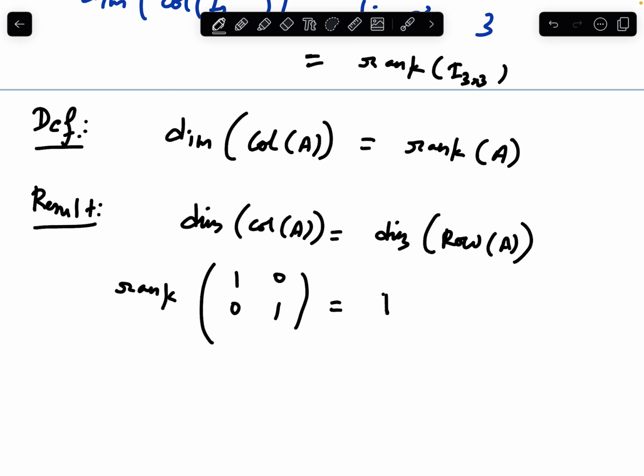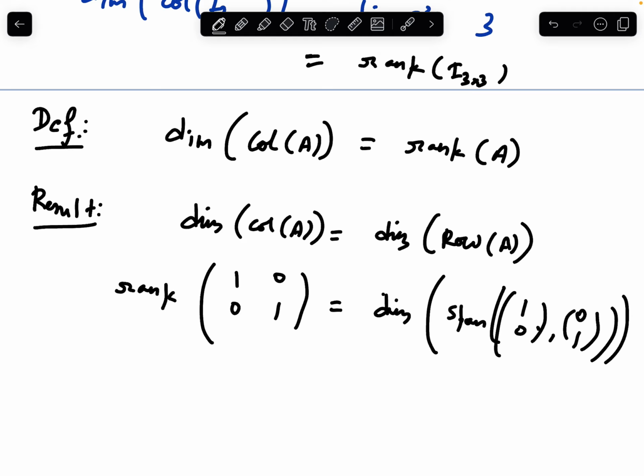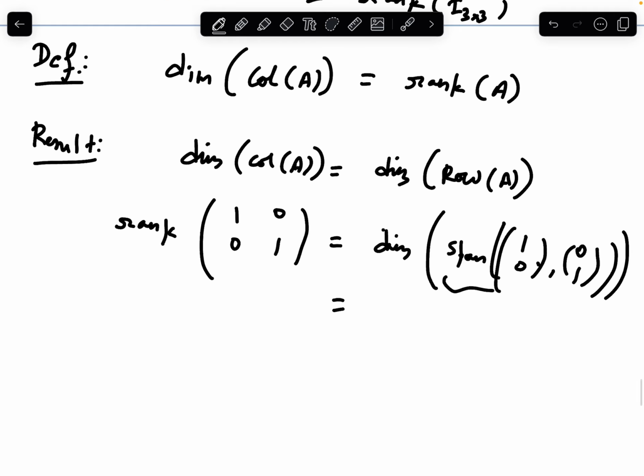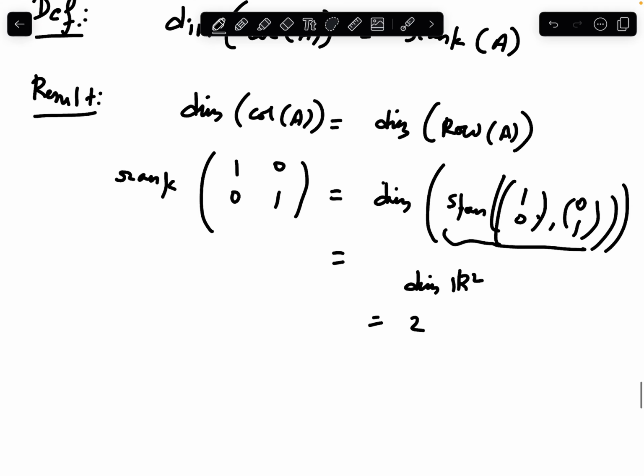Rank of this is nothing but dimension of column space. 1 0. And what is column space? Column space is span of columns. And this is nothing but R2. So rank of this is 2. Okay.